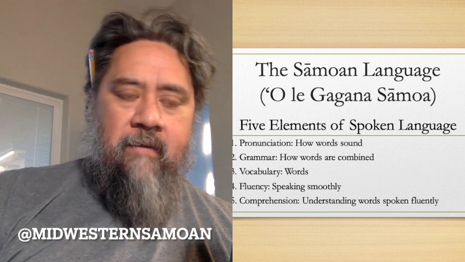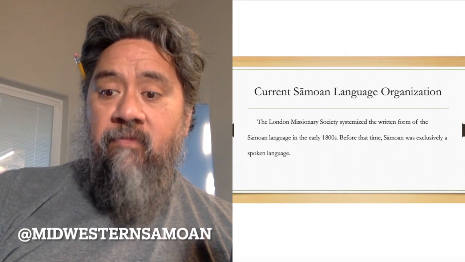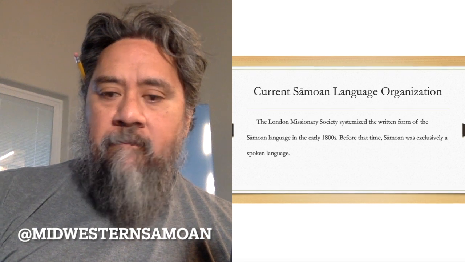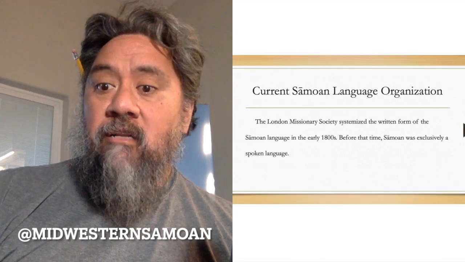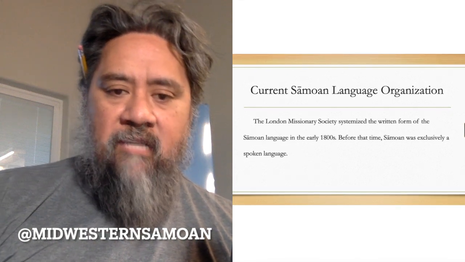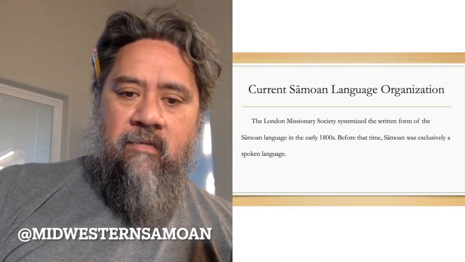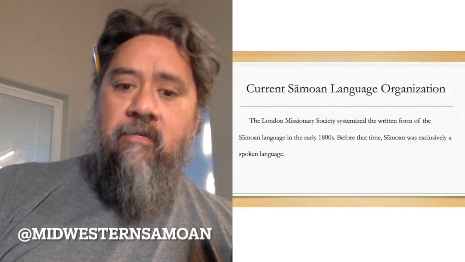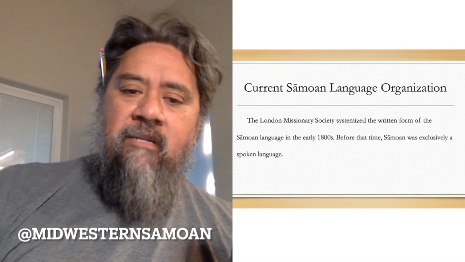So, a little bit about the language. If you notice, the letters in Samoan look the same as the English letters, right? The current Sāmoan language organization was systemized by the London Missionary Society and put into written form in the early to mid 1800s.